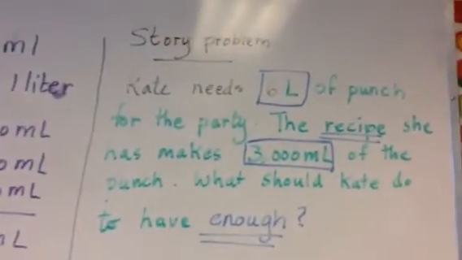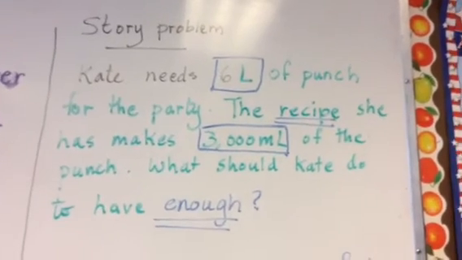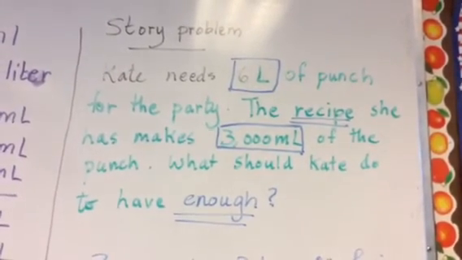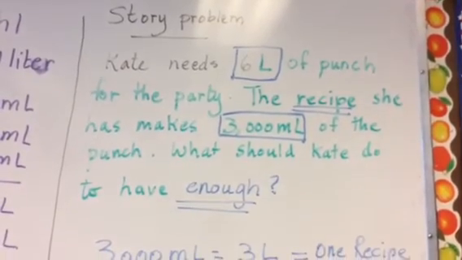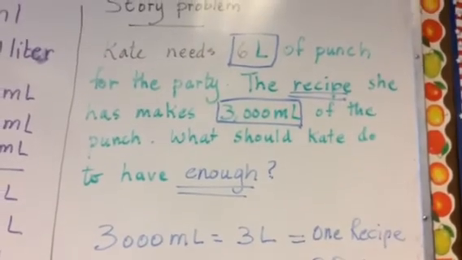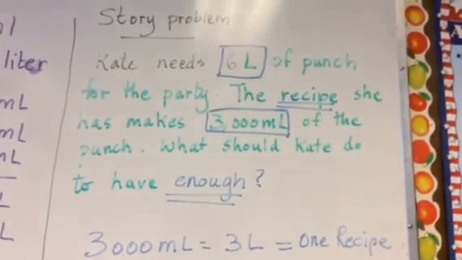Okay, let's look at a story problem. It says Katie needs 6 liters of punch for the party. The recipe she has makes 3000 ml of the punch. What should Katie do to have enough? Well, she has to think 3000 ml is equal to 3 liters, and she needs 6 liters.